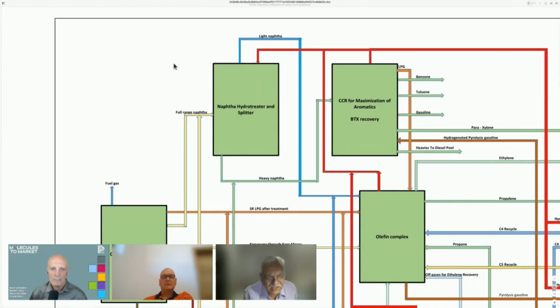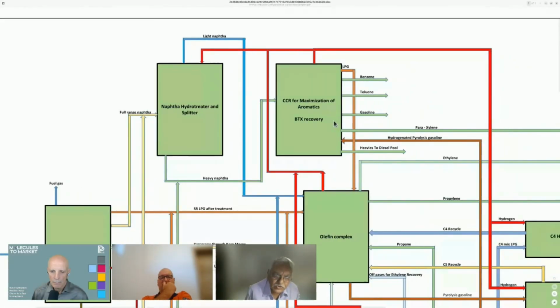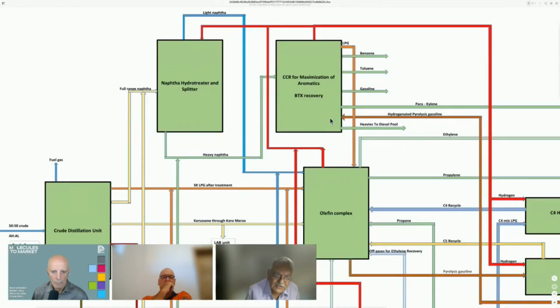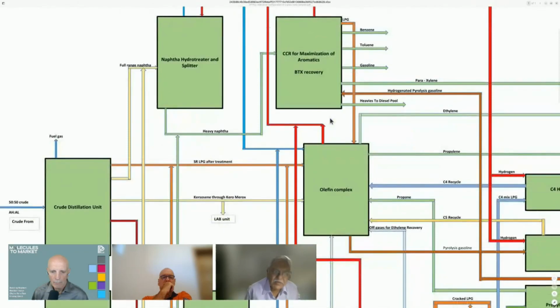Stream integration is much better, and only one or two small units like delayed coker and maybe the aromatic extraction need to be outsourced for the managing licensor. At best, UOP may have to outsource Prime G also. That's it. So I think the refinery block is fairly in control.